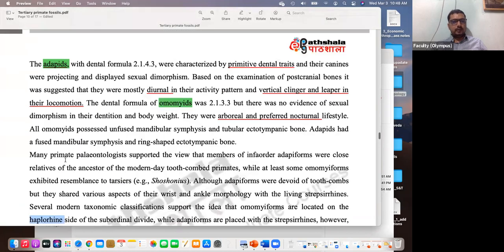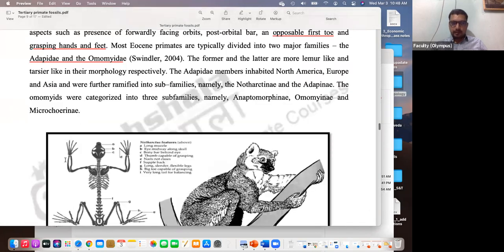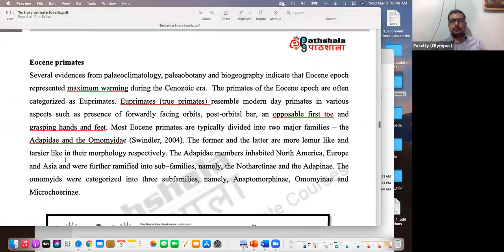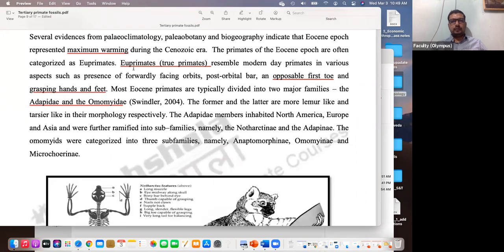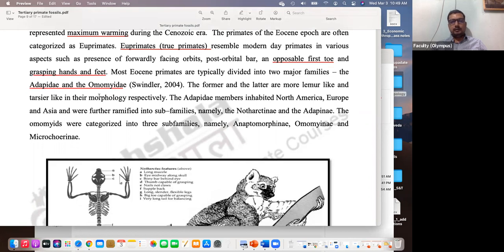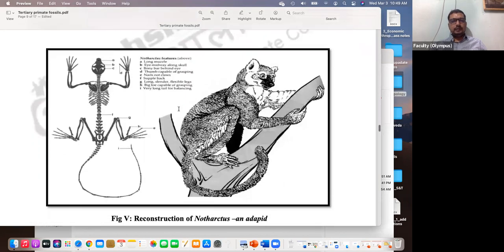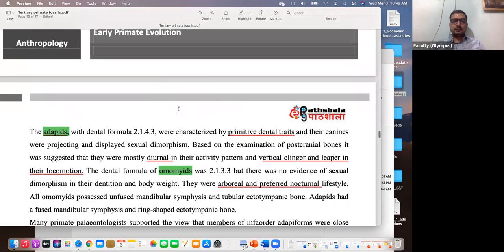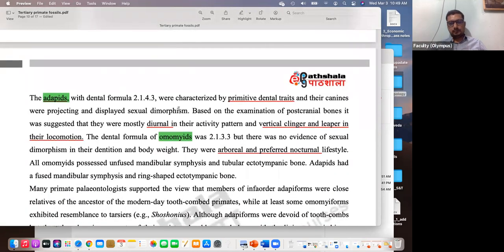So what did we learn here? In the Eocene period, some more primate-like characteristics could be seen. This is where true primates, or euprimates, were found with several features like primates. We talked about Adapidae and Homomidae, and within them there were several subfamilies. Basically, they had features like some of the primitive primates.